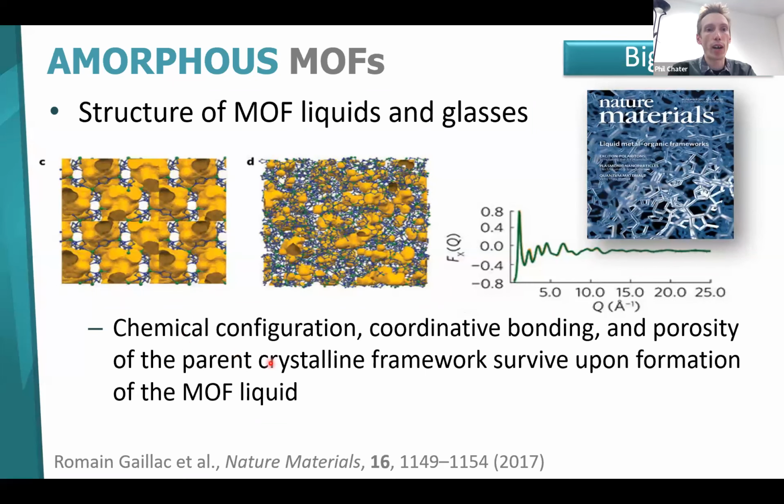And through that, they were able to extract chemical configuration information, such as the coordinative bonding, and also look at the porosity of the system, because they were looking at these things for uptake and purification of gases. And they were able to correlate the porosity of the model with the porosity as observed by physical methods.